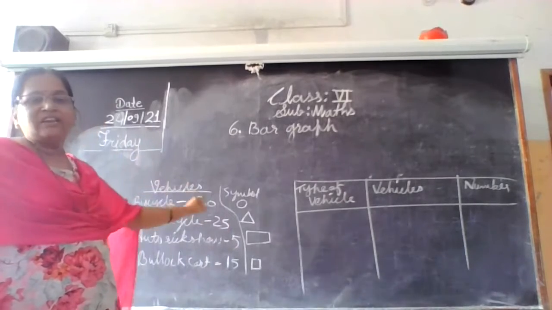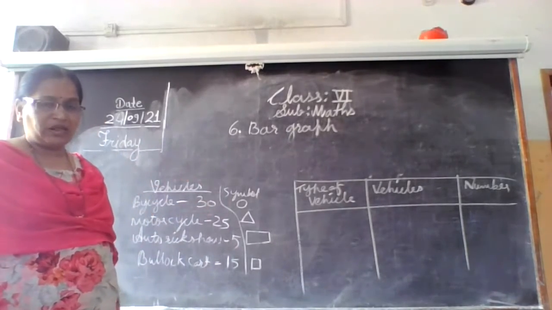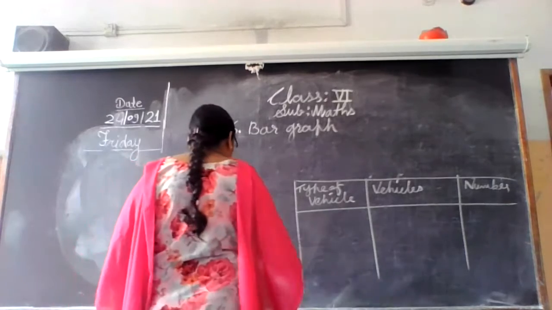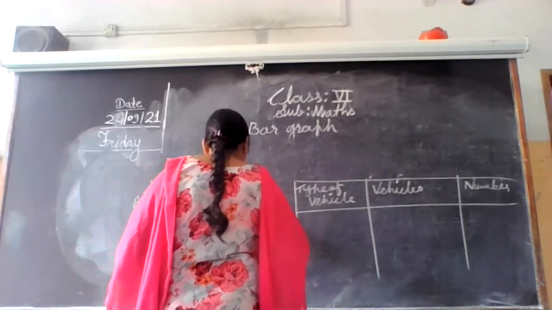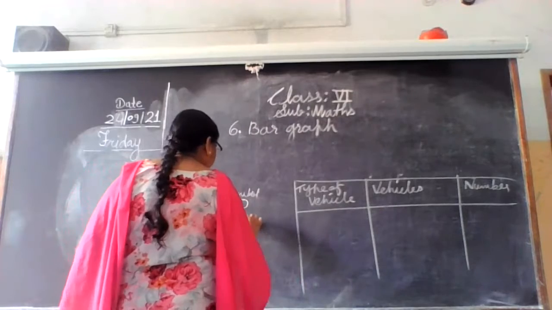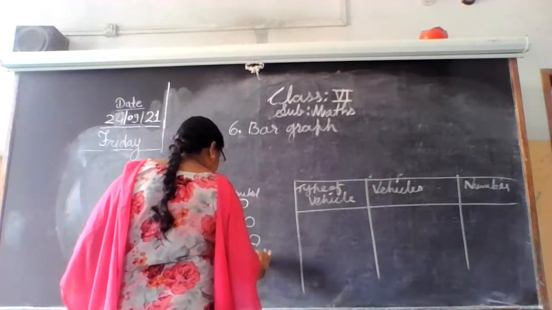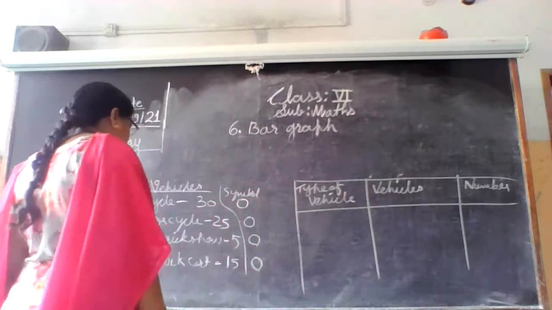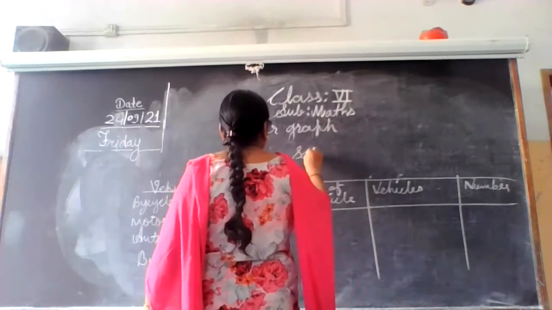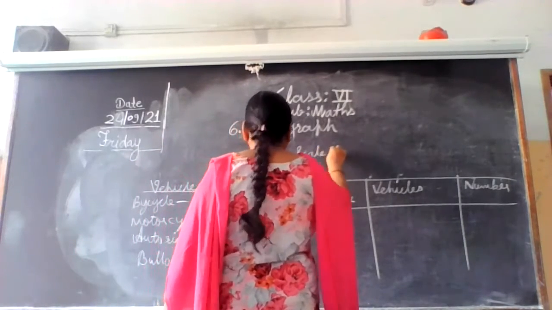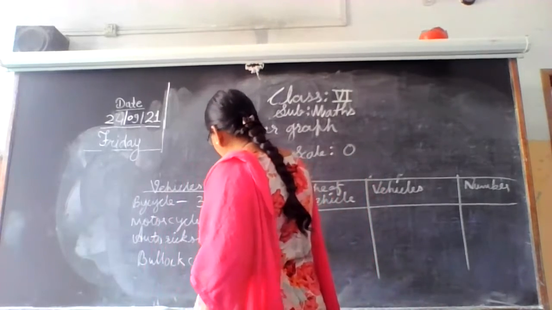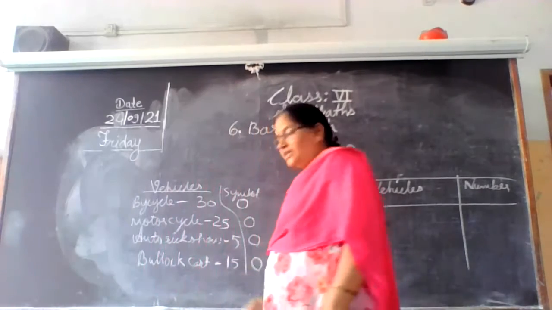a scale for this. Okay. Now 30, 25, 5 and 15.